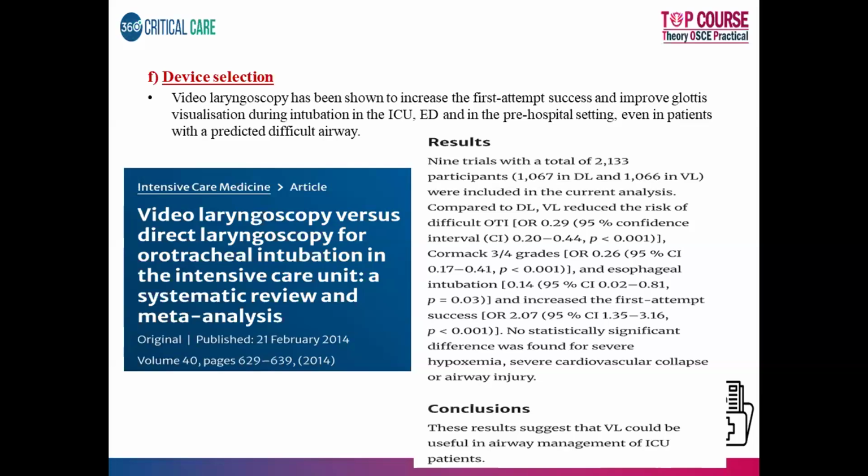They showed that video laryngoscopy could be useful in the airway management of ICU patients, because it reduces the risk of difficult orotracheal intubations. If you see the p-value, it is statistically significant. It reduces the Cormack grade 3, 4 to around 2, and it also prevents esophageal intubations.